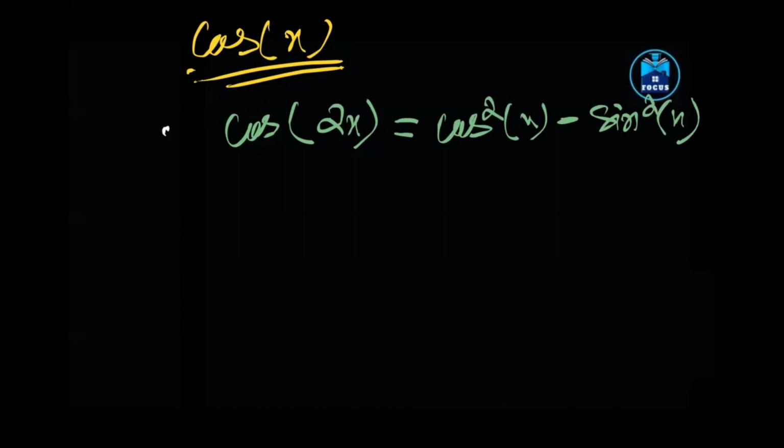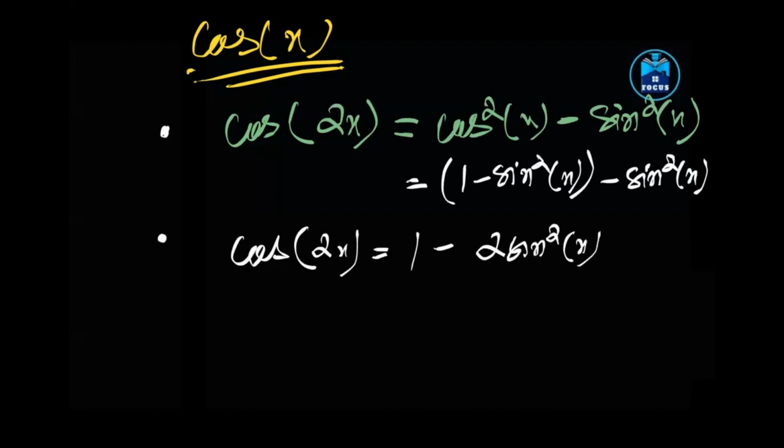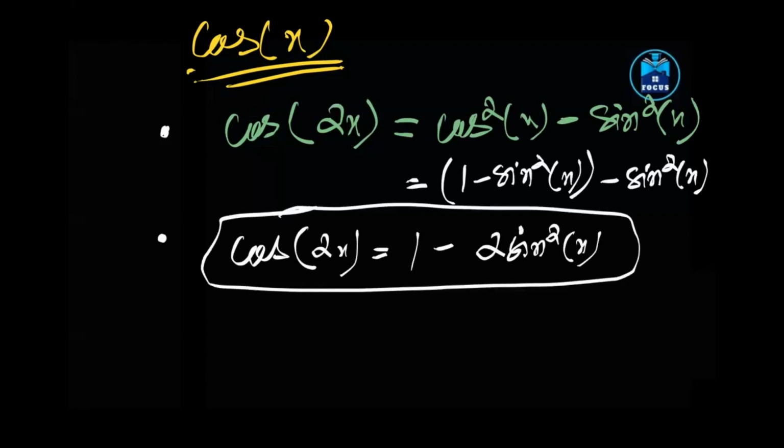And from this, you can obtain 2 more formulas. You can easily write cos square x as 1 minus sine square x, right? And this is also a nice one. By collecting them, you can rewrite them as 1 minus 2 sine square x. So this way, you don't need to remember this formula separately.